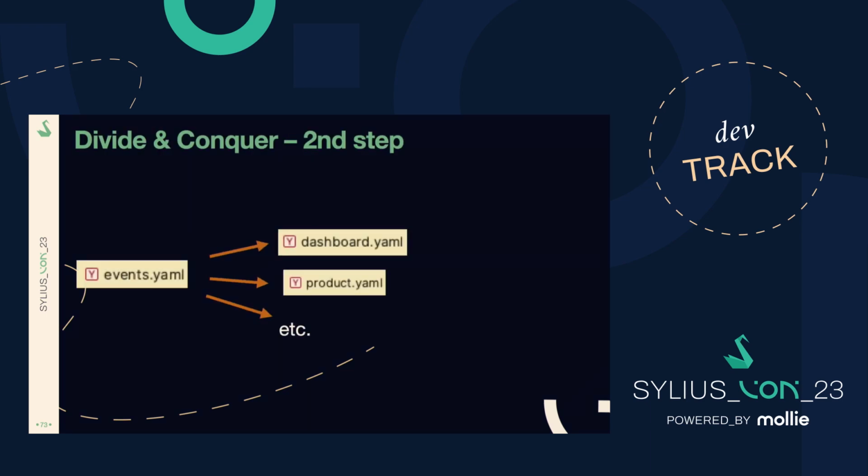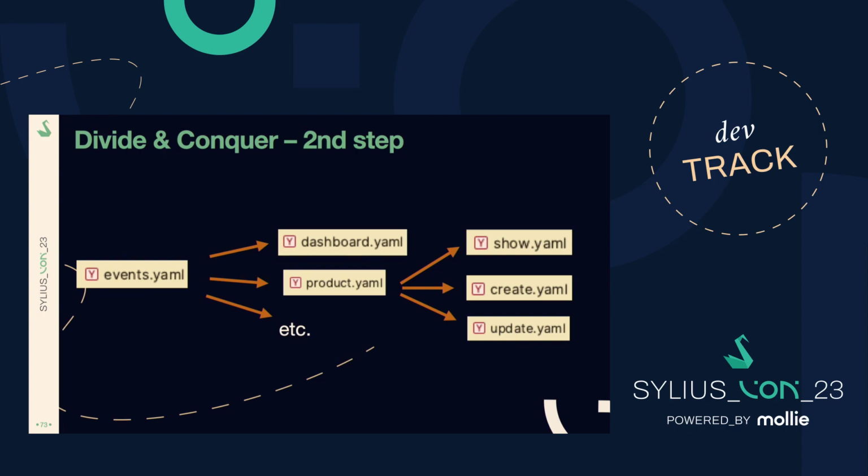And I said it is too little. I want to have a way cleaner way to look for things. And I started dividing more granularly. So product.yaml has been split into show.yaml, create.yaml, and update.yaml. Cool. Also, I packed it into its own product directory.